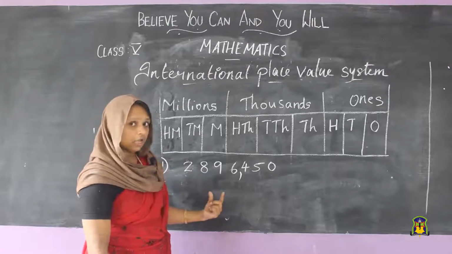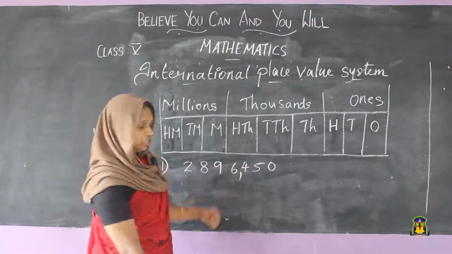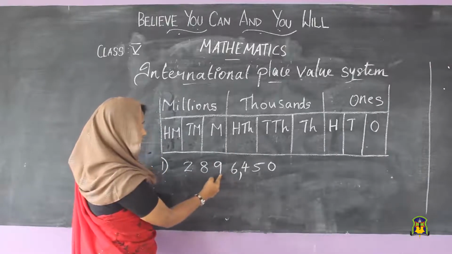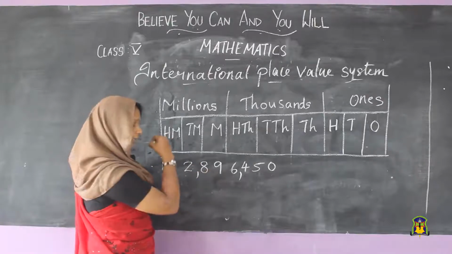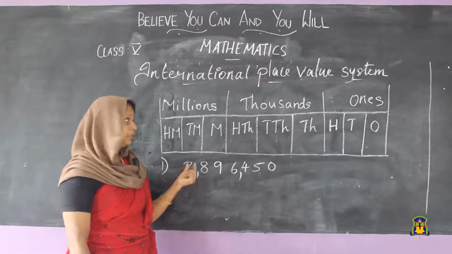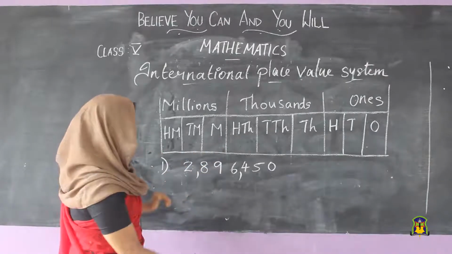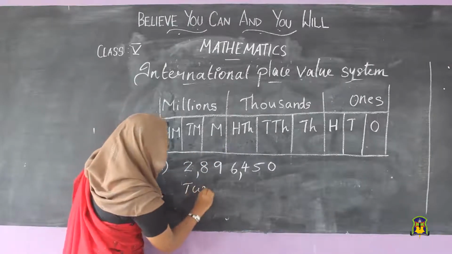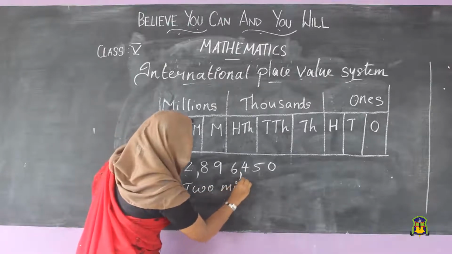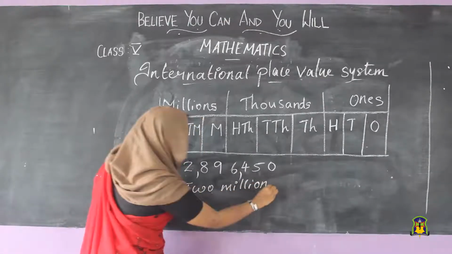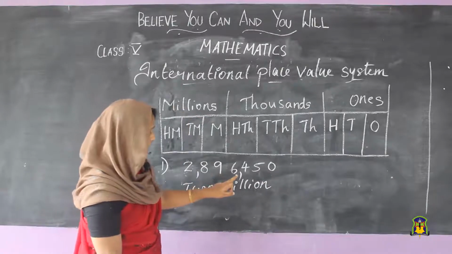Next comes what? Thousand period. That means three places each. So 1,000, 10,000 and 100,000. Then 2 comes under where? Under million. So we can write this as 2 million. Next, 896.